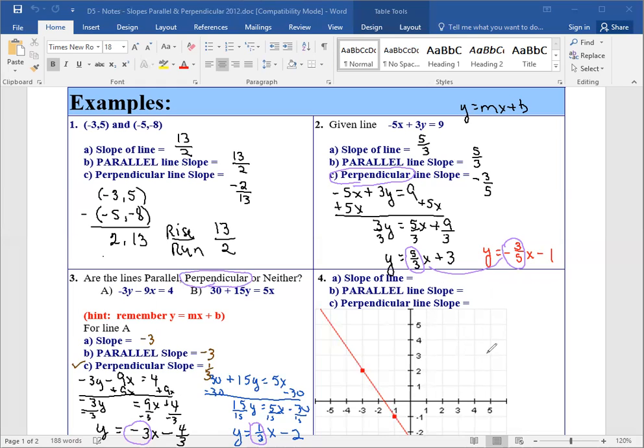Okay. Here we're just going with a graph. So you could take the coordinates and do like we did in number 1, or you could just count up and over to figure out your slope with the rise and the run, which is what I'm going to do.